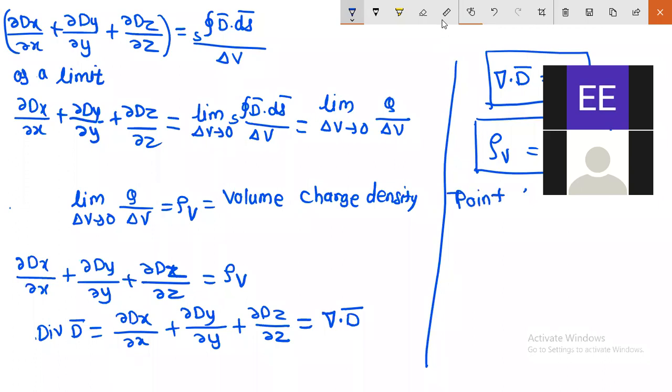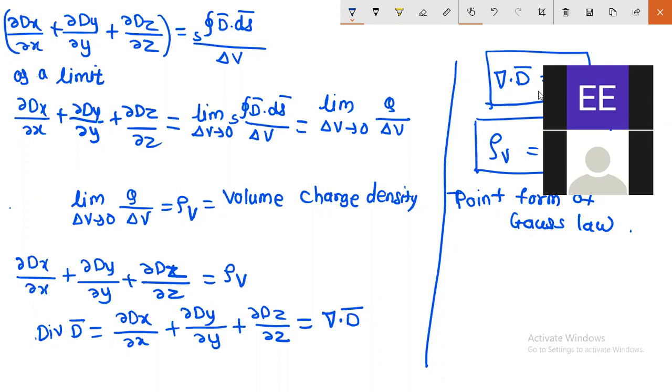This is your final equation, and it is important. Del dot D bar is equal to rho v. Remember it always, you should remember even if asked in your sleep.